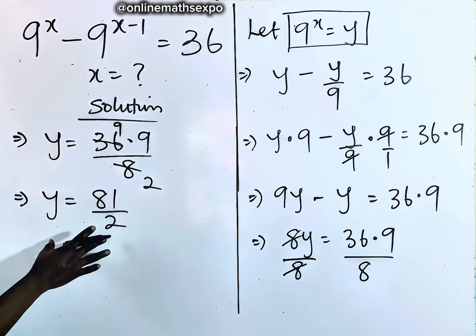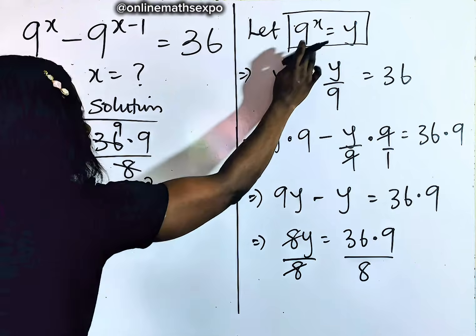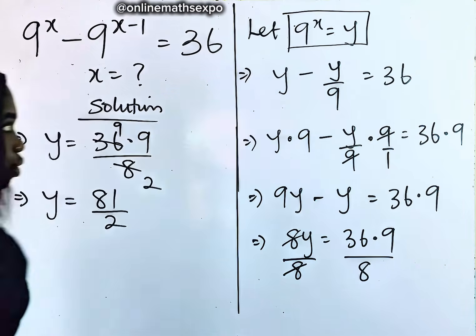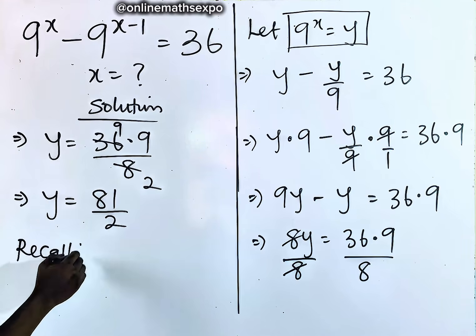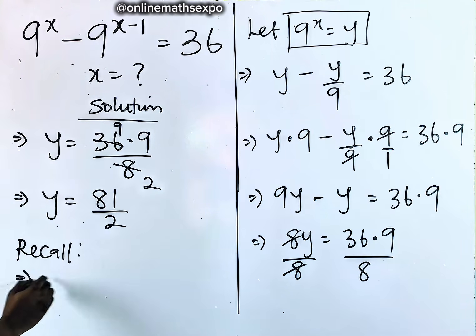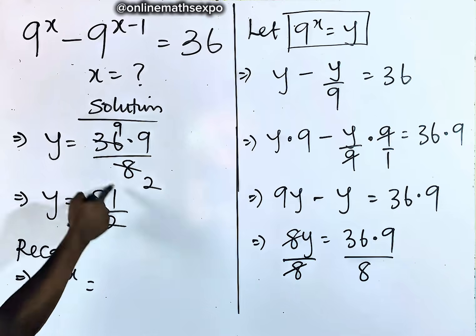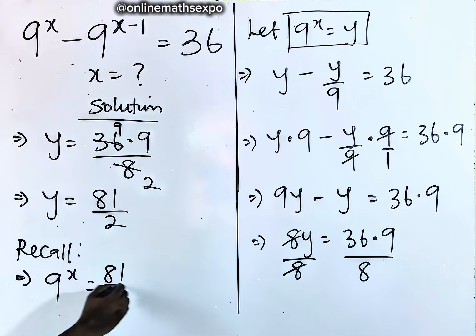Now remember we left a statement behind that 9 to the power of x is y. So we need to record that statement. So in that case, we are going to have 9 to the power of x is equal to 81 divided by 2. Now at this point, you need to take the log of both sides.